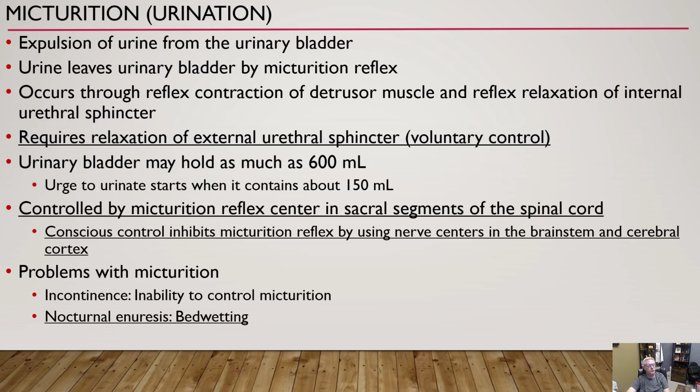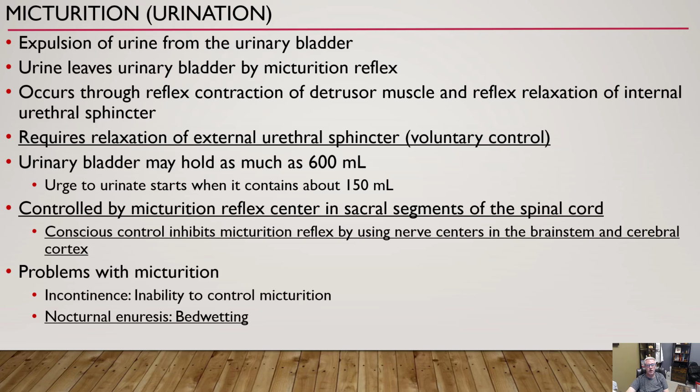All right, so to pee, we also call it urination, or we also say micturition. And that is expulsion of urine from the bladder. And we have a reflex called the micturition reflex or the urination reflex. And that's when the detrusor muscle contracts and that internal urethral sphincter relaxes.